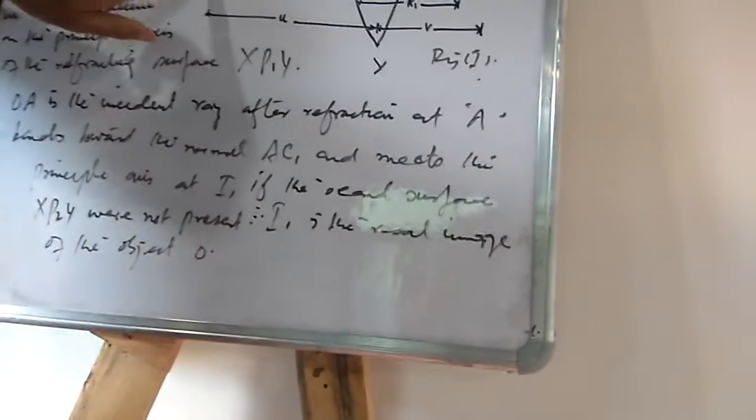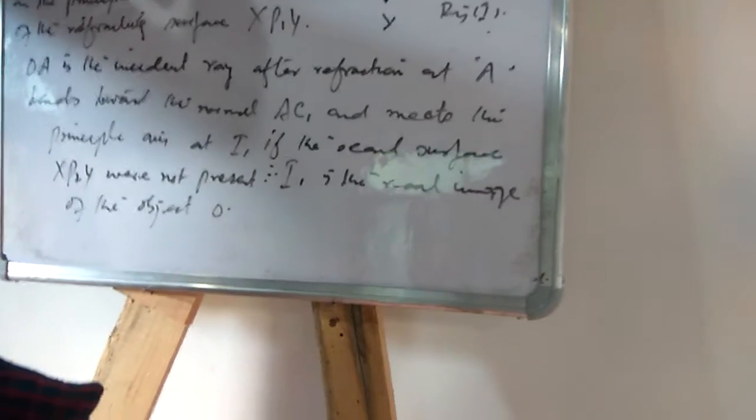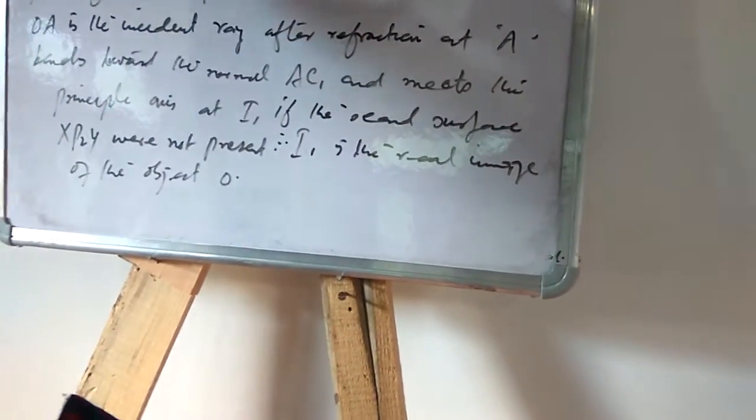Now look here, O is the object placed in the rarer medium and I1 is the image formed in the denser medium.